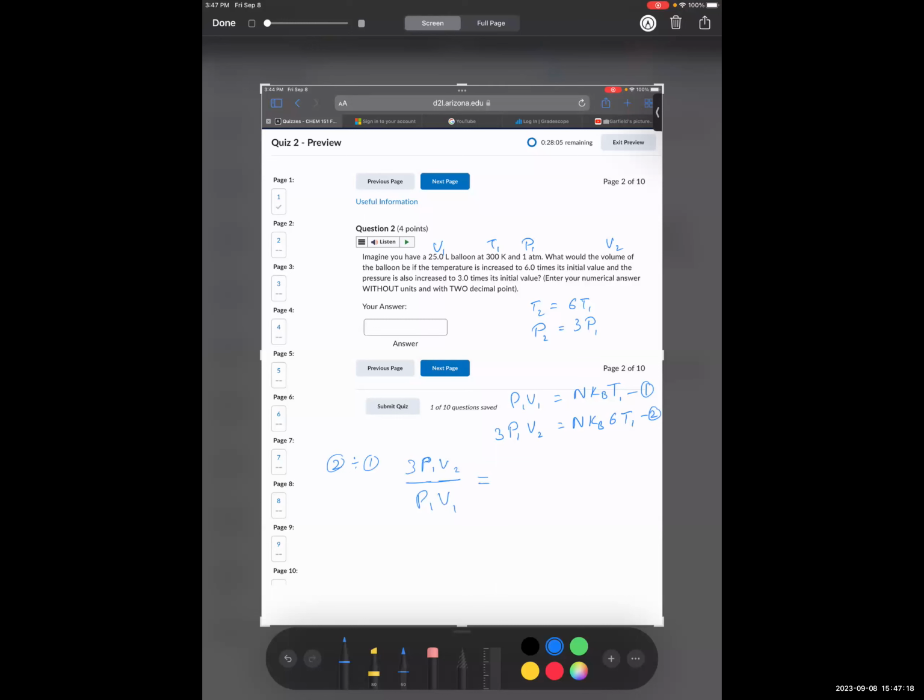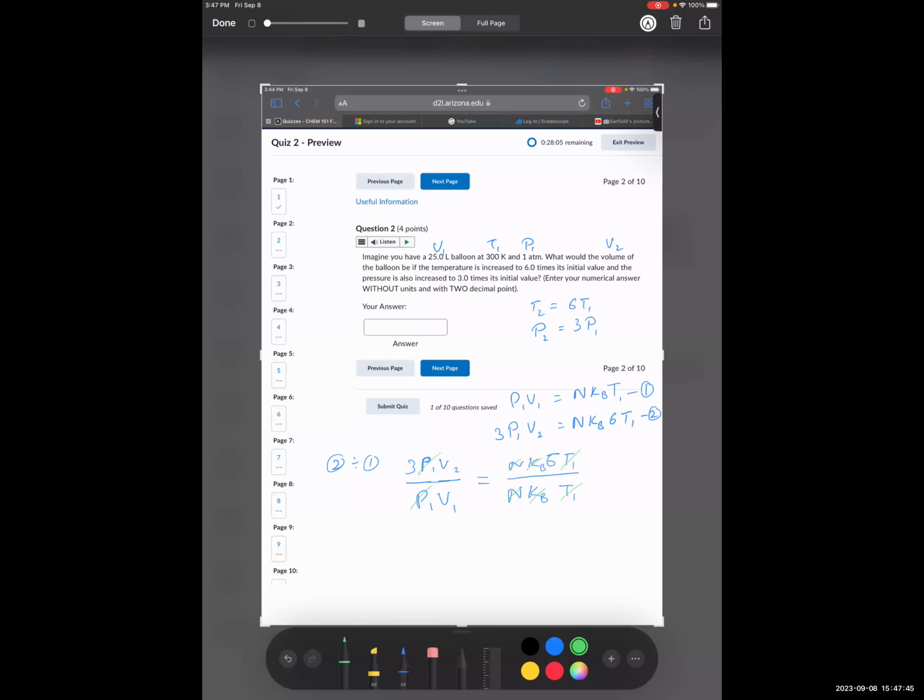On the other side, we have N k_B times 6 T1, divided by N k_B T1. Now it's about canceling things out. P1 cancels out, N cancels out, k_B cancels out, and T1 cancels out.